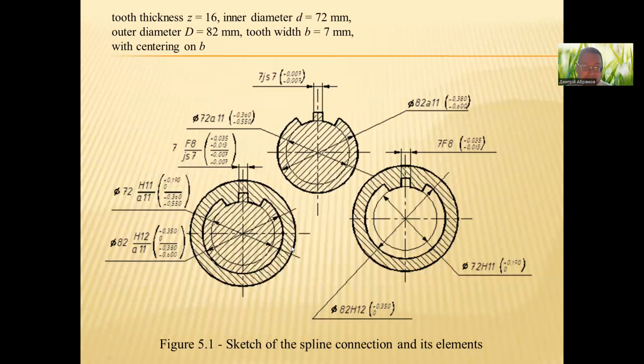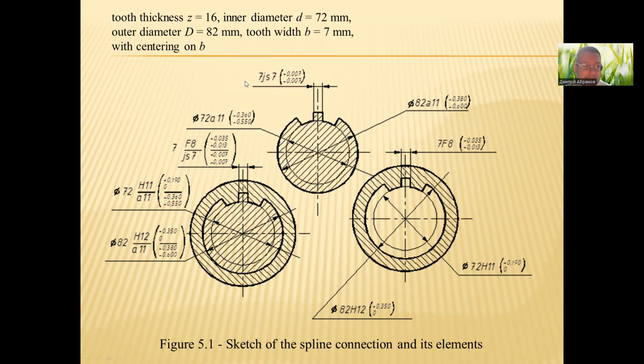You can see figure 5.1. You should use the directories 1, 2 to choose for the fits the numerical values of the limit deviations, upper limit deviation and lower limit deviation, for each tolerance field and each diameter and b, the width.